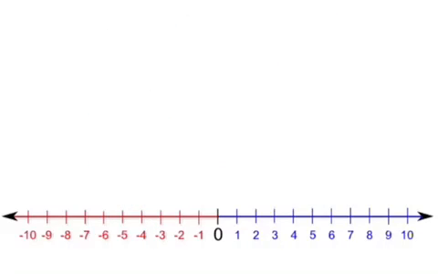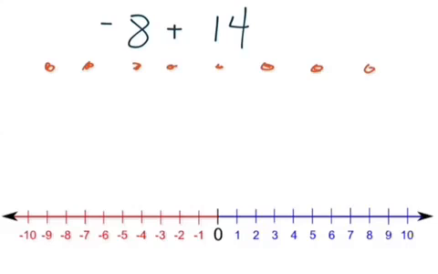One more example real quick. We'll do one with a little bit of a higher value. If you had something like negative 8 plus 14 here, if we model this out again, got my 8 dots, 1, 2, 3, 4, 5, 6, 7, 8.